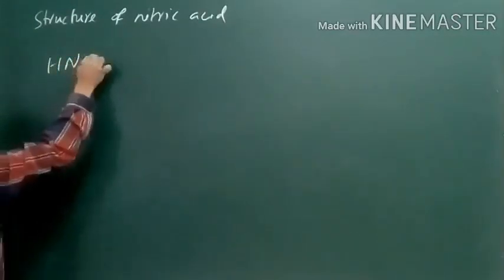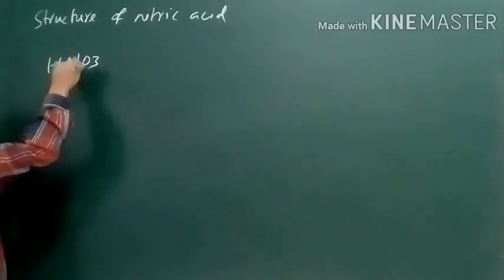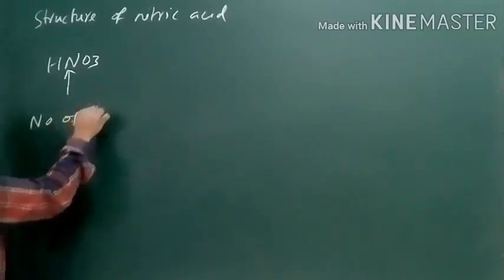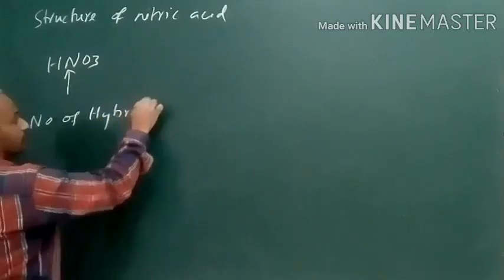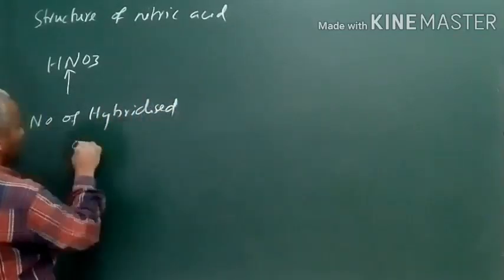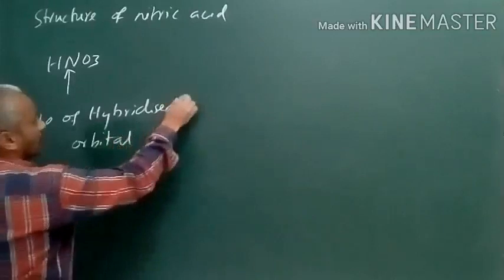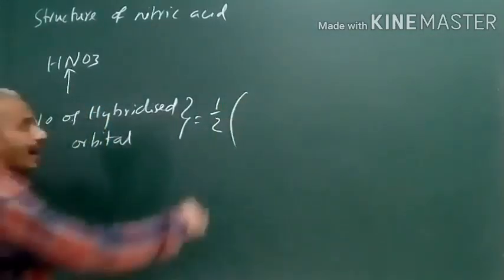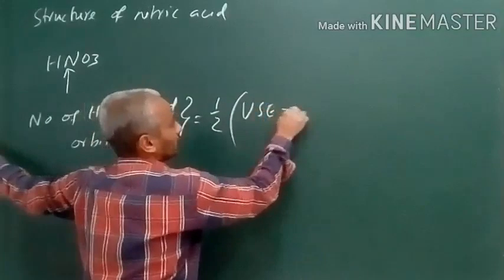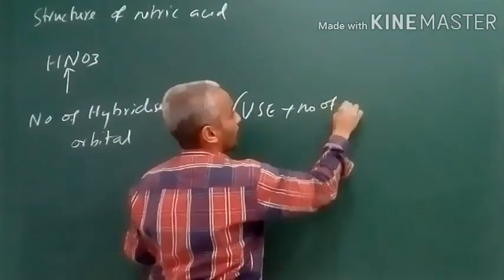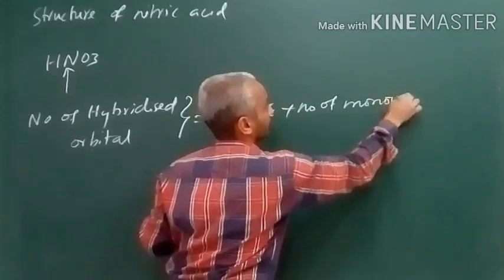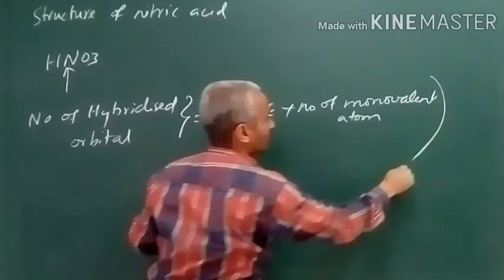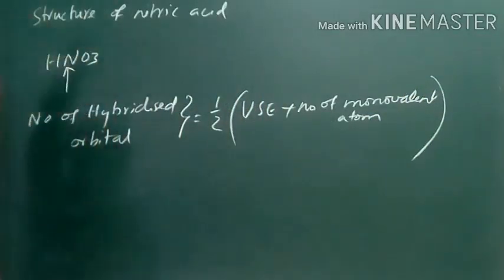In HNO3, what is the hybridization of the nitrogen here? Number of hybridized orbitals is equal to half into the valence electrons plus the number of monovalent atoms. The other terms are not necessary because it's a neutral molecule.